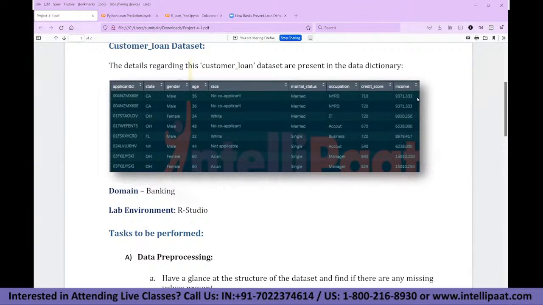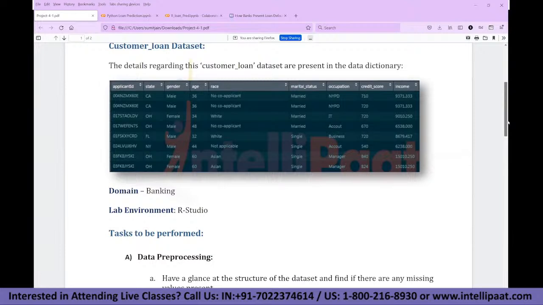Similarly, if given this applicant's features, his loan should be approved, and it's a good loan to give, then the actual observation is 1. Without seeing the actual observation, I apply my model on this applicant ID and see what it gives. If it's giving 1, then my model is predicting correctly.